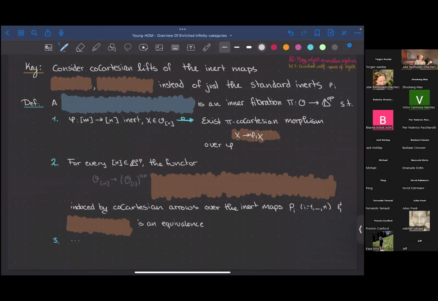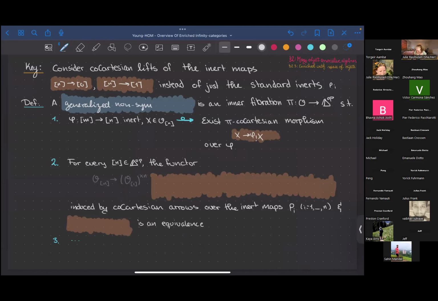We want to consider the co-Cartesian lift of the inert map n to 0 and the standard inert map from n to 1. So a generalized non-symmetric infinity operad is again an inner fibration from some category O lying over Delta up.